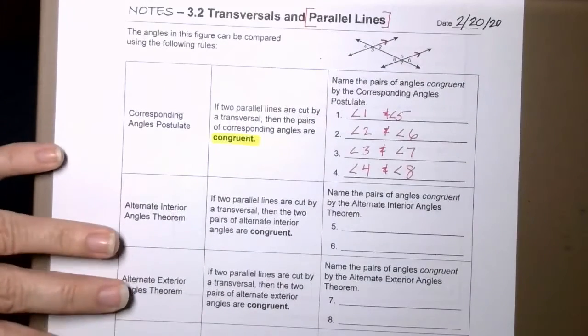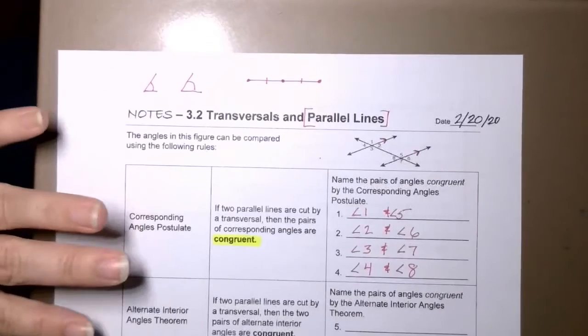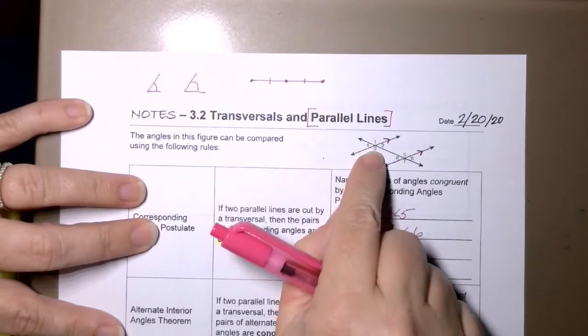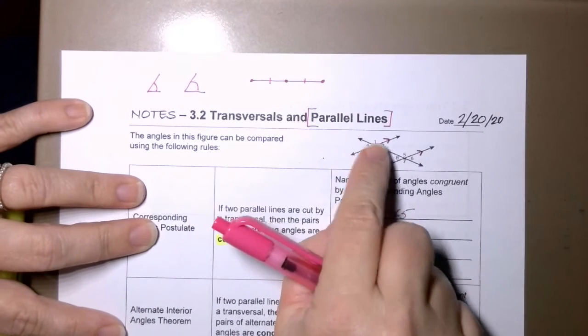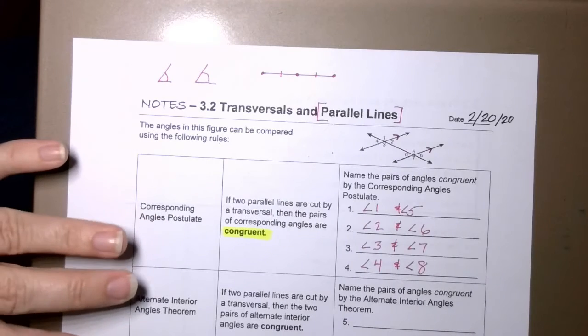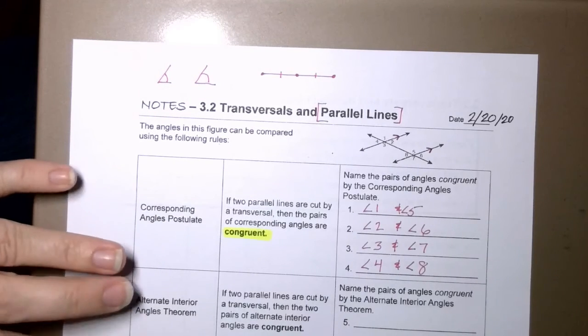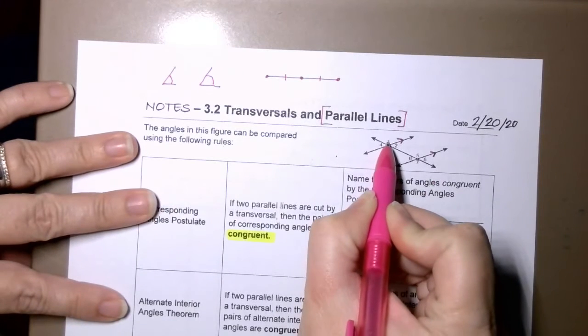Corresponding angles are, if you think about this like an intersection, like a road intersection, you have two intersections here, don't you? Corresponding angles are in the same position of that intersection at a different intersection. So like at this intersection, angle 1's on the top.